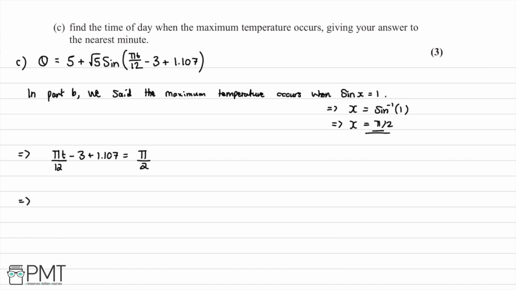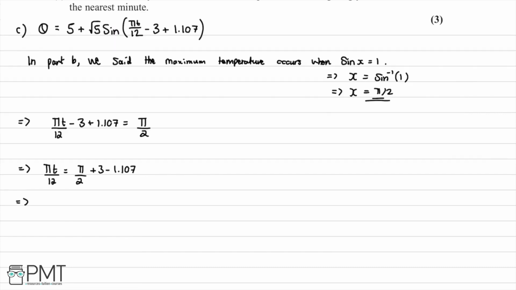So we can say that pi t over 12 is going to be equal to pi over 2, and then we will add 3 and subtract 1.107, and then we can multiply everything by 12, so we'll just put brackets in here, pi over 2 plus 3 minus 1.107, and then as well we can divide both sides by pi, so we will put our pi in here, and we have just cancelled that out, and therefore we can put this into our calculator.